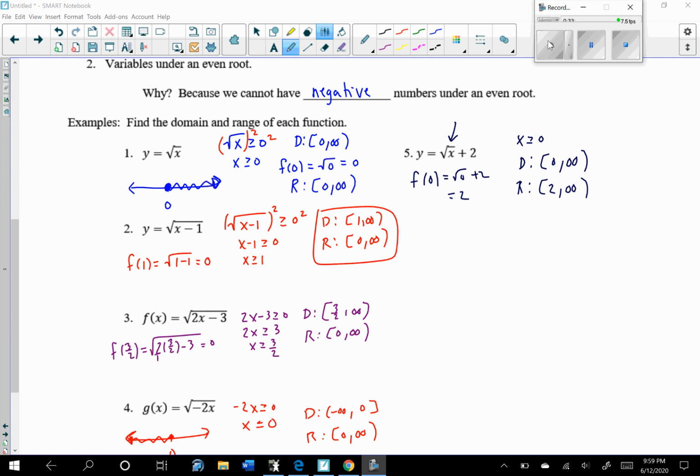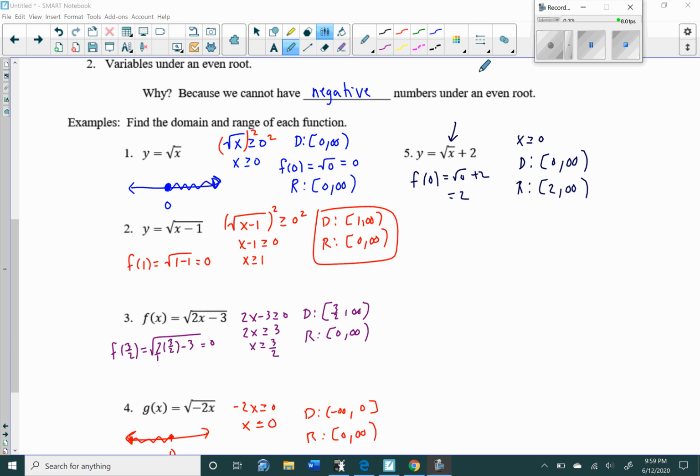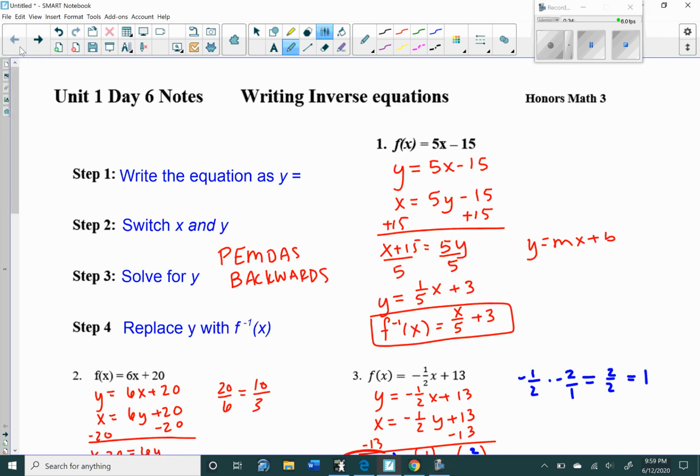And that's it for this lesson. So as you can see, writing the equations is a little bit more complicated than just graphing it or finding the table, which is why we saved this part for last. So just to recap, write the equation as y equals, switch the x and y, solve for y, and replace y with f inverse of x.